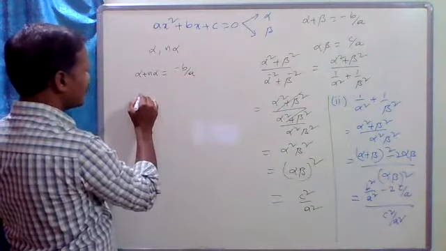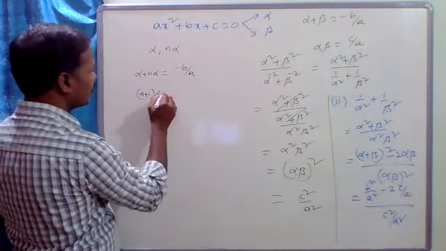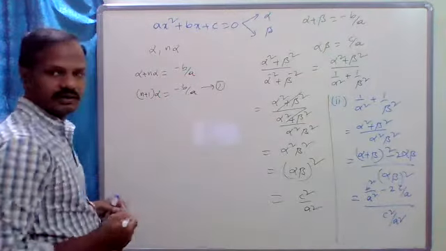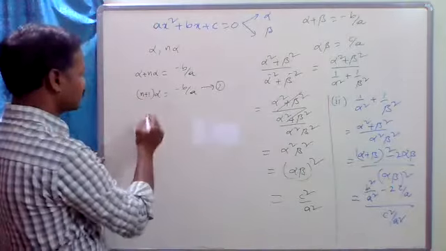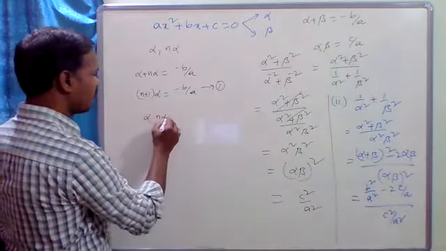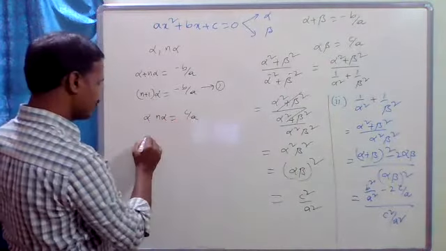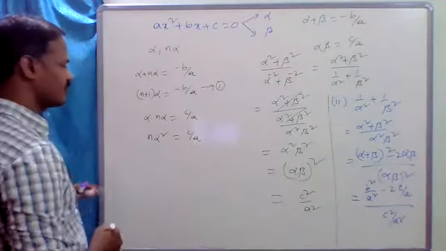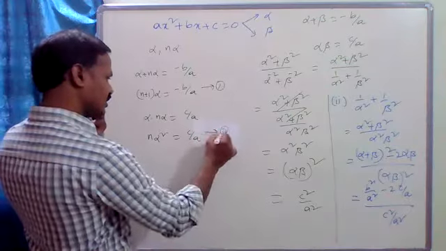That means (n plus 1) into alpha equal to minus b by a. So this is condition 1. Next, product of the roots, alpha into n alpha equal to c by a. So that means n alpha square equal to c by a. So this is the second one.